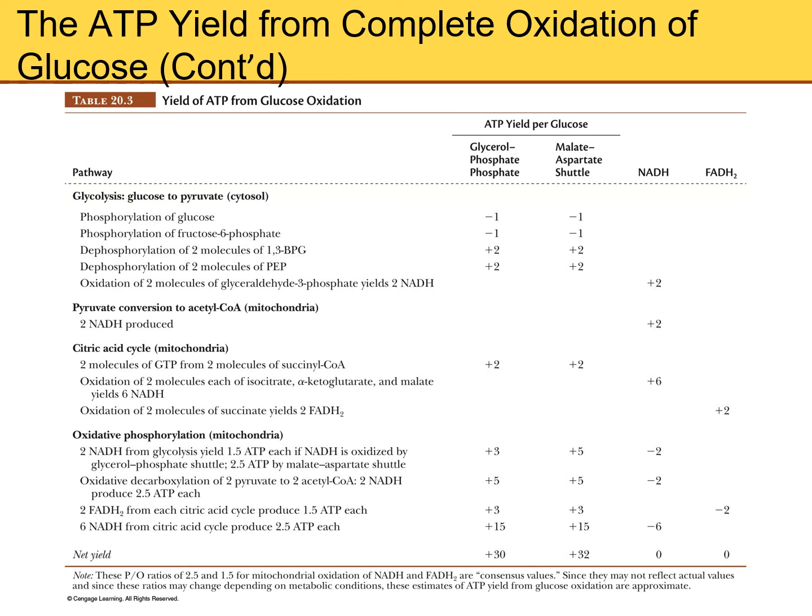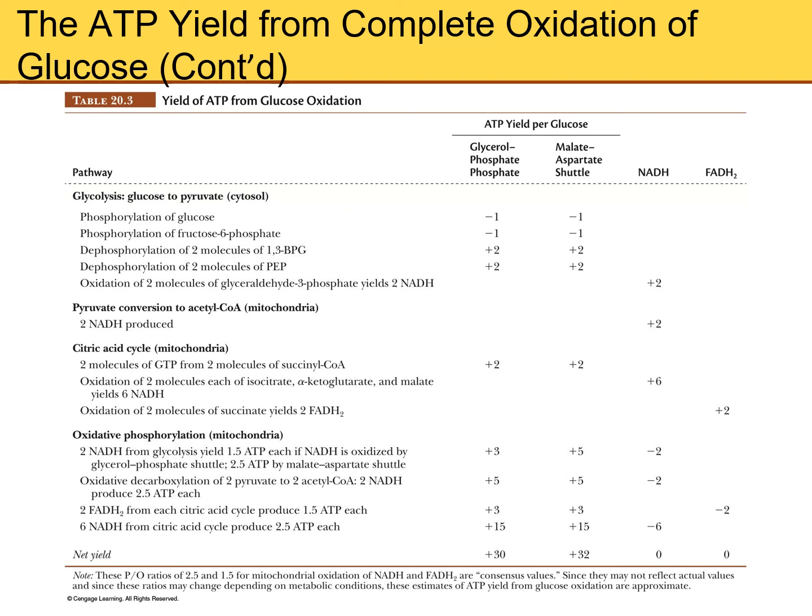Finally, this is where it matters, oxidative phosphorylation. This is where it's all going to add up. So you're going to have 2 NADHs from glycolysis that are going to produce 3 ATPs via the glycerol phosphate shuttle and 5 via the malate aspartate shuttle. So you can see that's where our difference is because the yield is different.